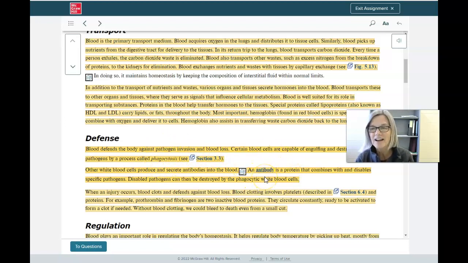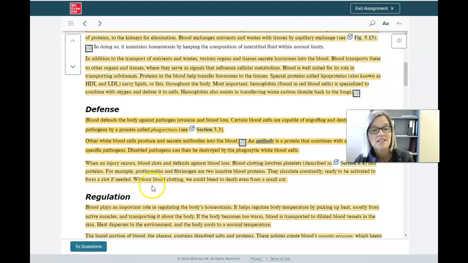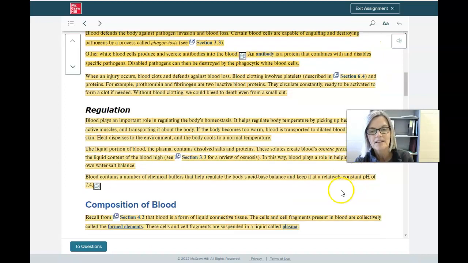They're proteins made by some white blood cells to fight off pathogens, things like bacteria and viruses. So these are really important in defending the body. This section down here is talking about a role of the platelets in defense, in the form of blood clotting. So it's defending us against blood loss. And we're going to talk a little bit more about that in this series of lectures.